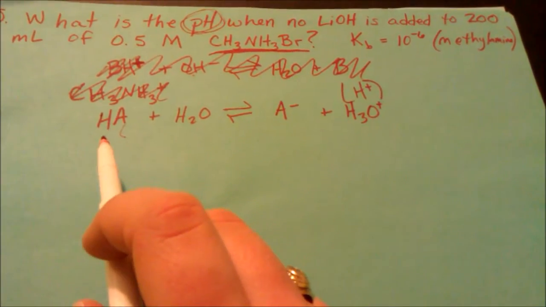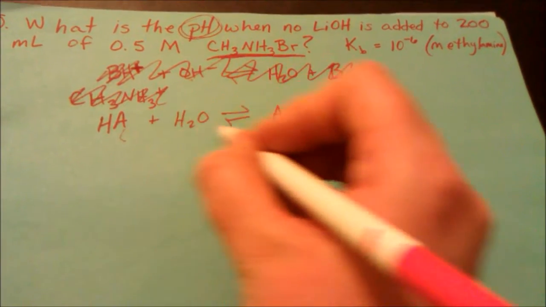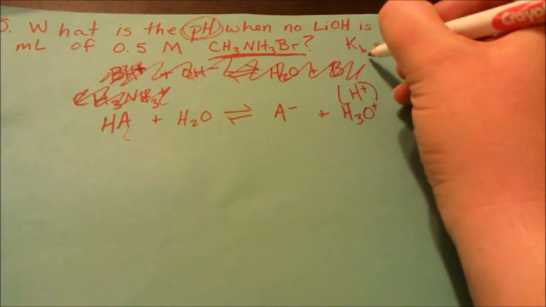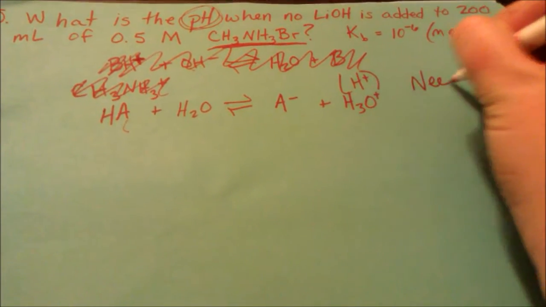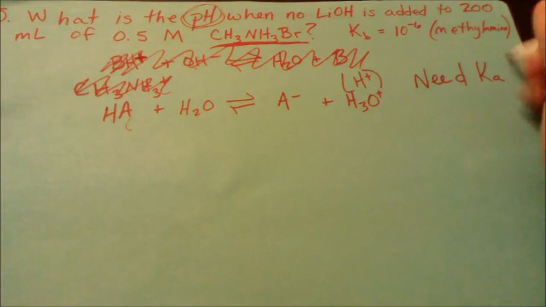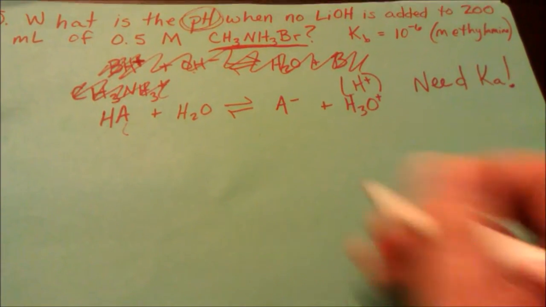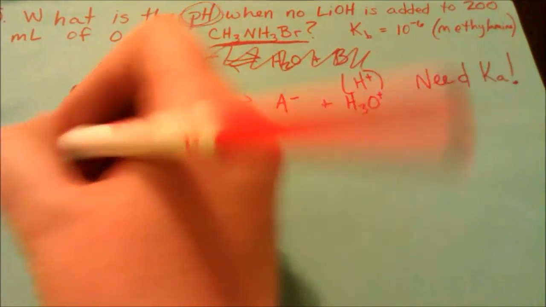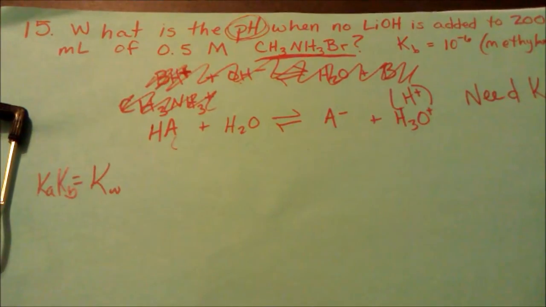All right. I also know that if I'm using an acid dissociation, then I need an acid dissociation constant. Not Kb, what I need is Ka. How do I get Ka when all I have is a Kb? I have to recognize that Kw is equal to Ka times Kb.